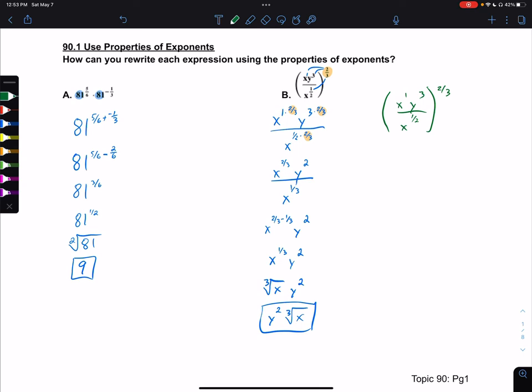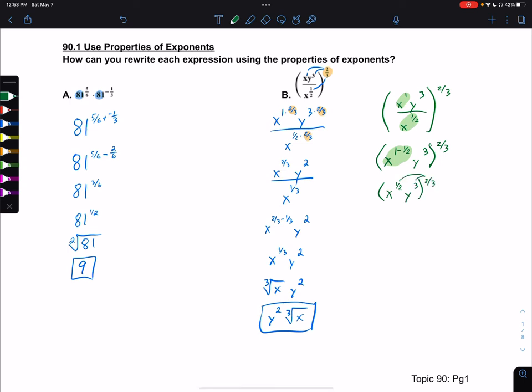You could subtract first, so you could do the x to the 1 minus 1/2, and then raise that to the 2/3 power. So what I'm looking at here is I'm combining these two to start. You would then have x to the 1/2, right? Because 1 minus 1/2 is just half. And then y to the third to the 2/3.